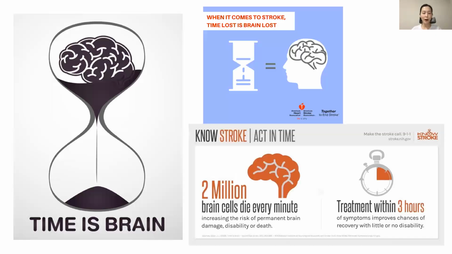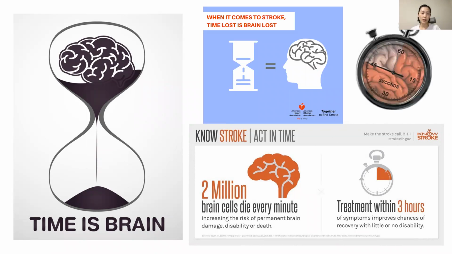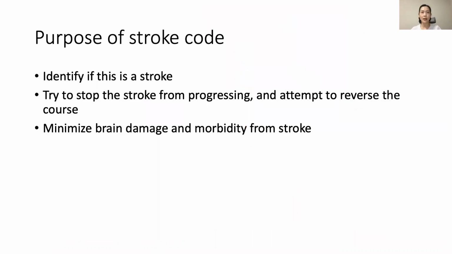You're probably all familiar with the concept that time is brain and every minute lost is brain lost when it comes to a stroke. So you definitely want to be quick when it comes to stroke care, because every minute that the brain remains unperfused, that's brain cells dying.